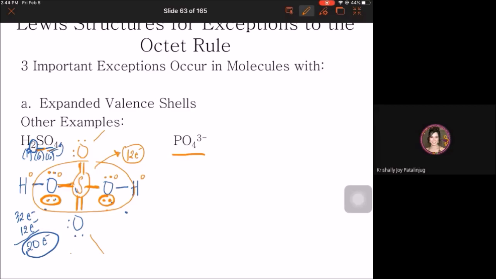Earlier in the example of phosphorus pentachloride, phosphorus expanded, having 10 surrounding electrons. So in this case, phosphorus in the phosphate ion is also capable of expanding. Let's see, 4 oxygens surrounding. Okay, so the placement of atoms is done.